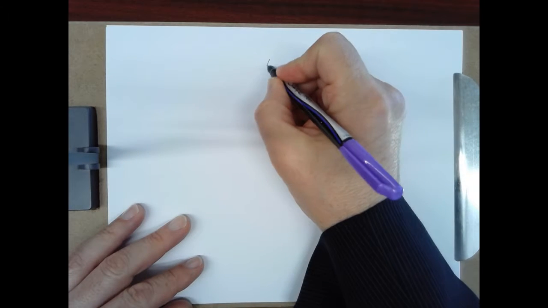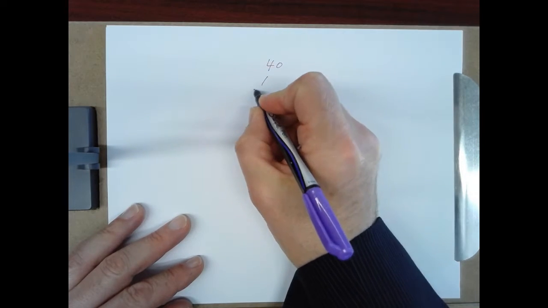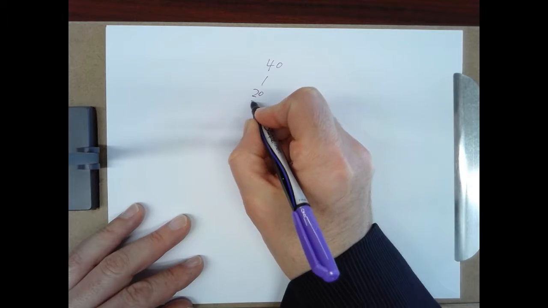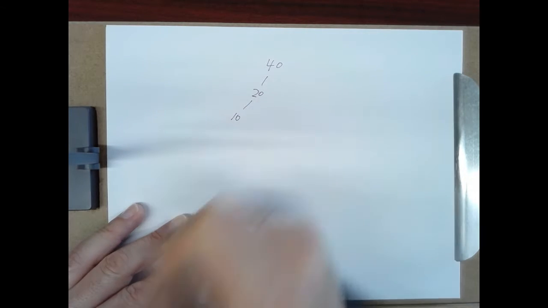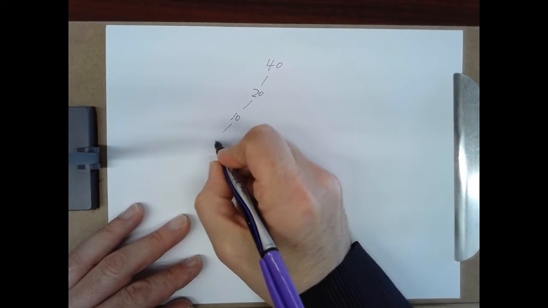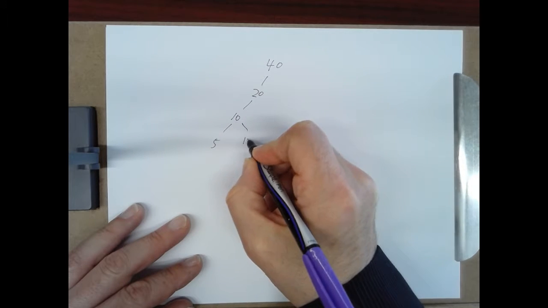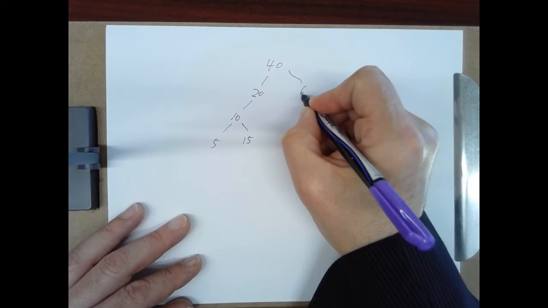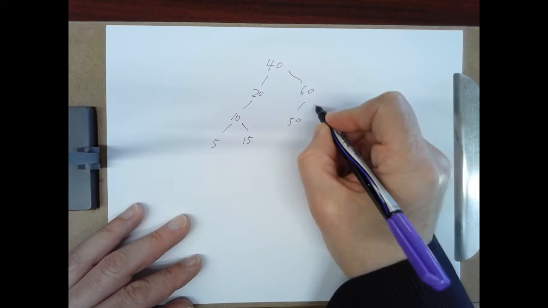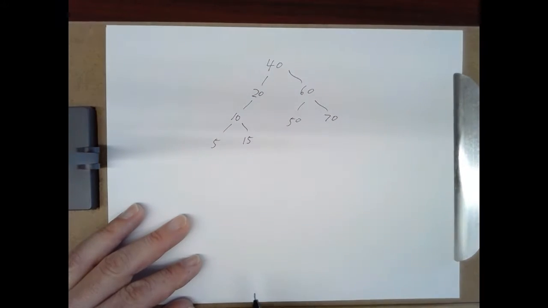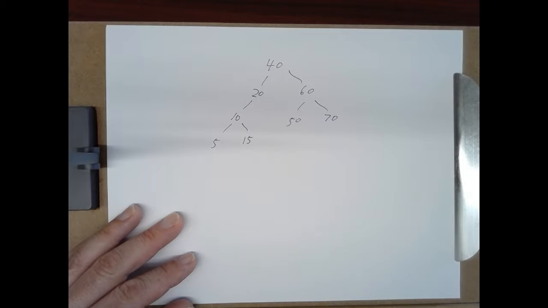There's one small complication. So suppose our tree looks like this. And we want to delete the root.